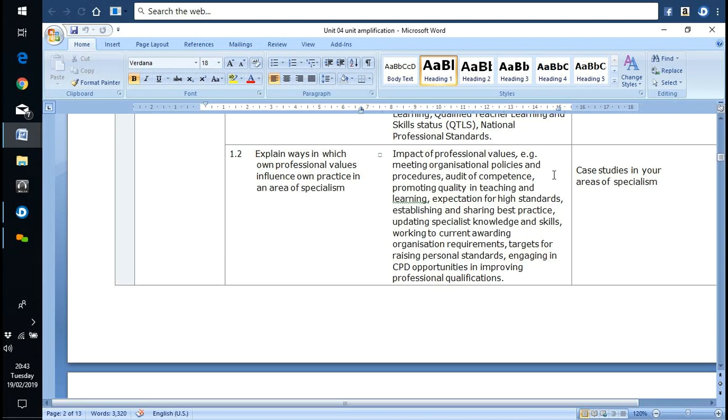If after I've observed them several times there are areas which could be improved by a qualification or a course that would improve a particular area of competence, then it's my job to make sure that the management know about that, and then they can arrange for that to happen. So it follows the old training cycle: observe, plan, do, reflect.